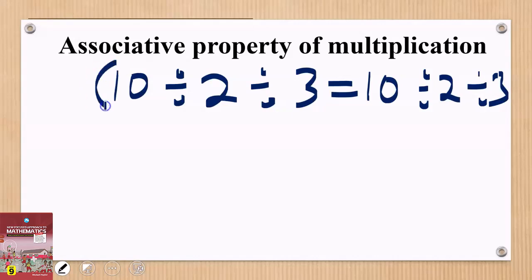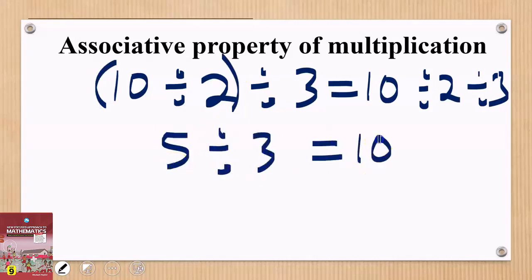But how come when I do the division, 10 divided by 2 is 5, then divided by 3. Here I'll keep the 10 and then do the side here first. 2 divided by 3 is 0.66666, but I can say 0.67.